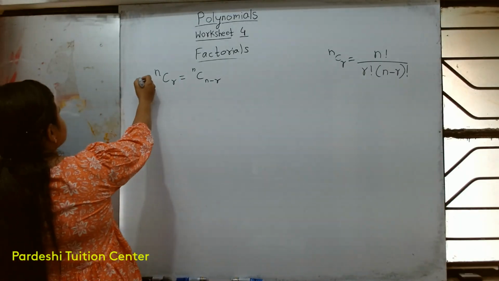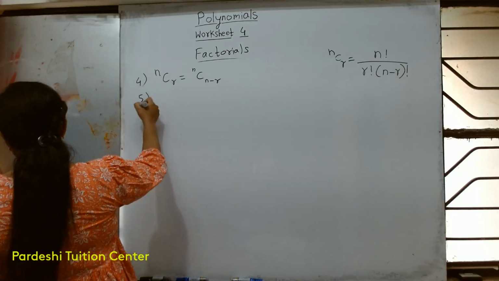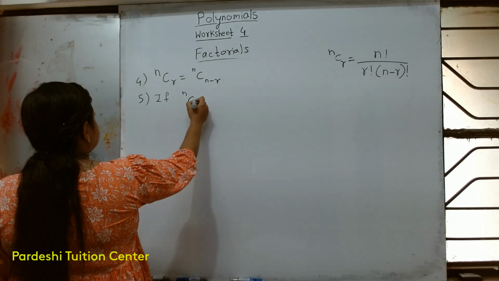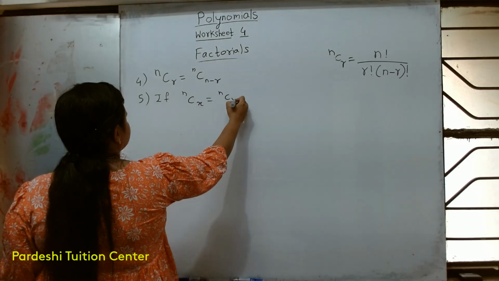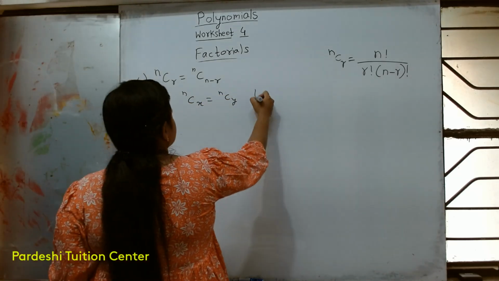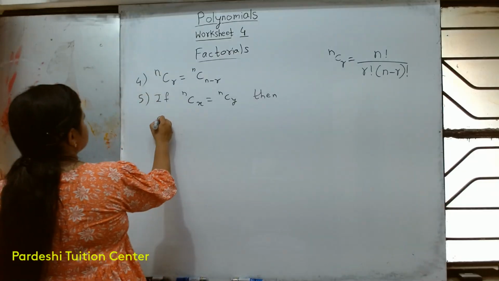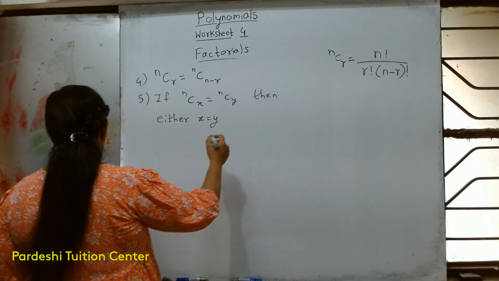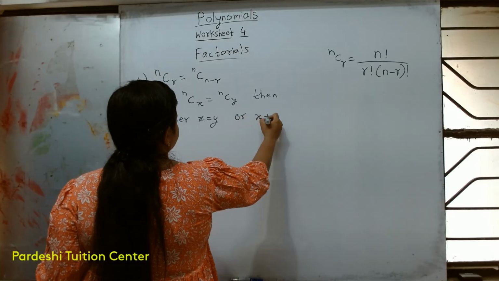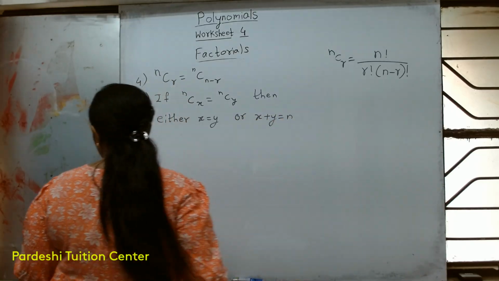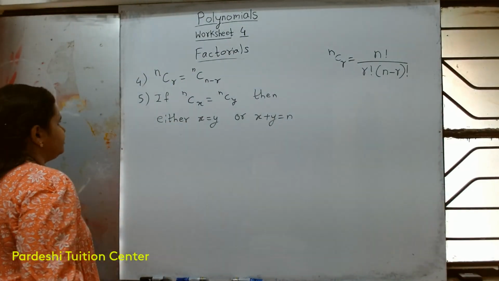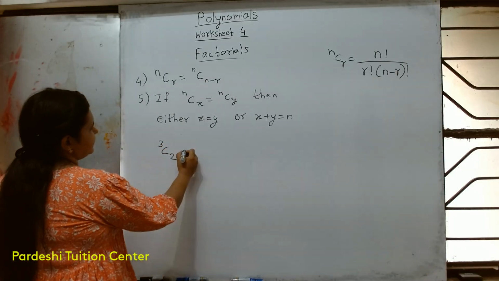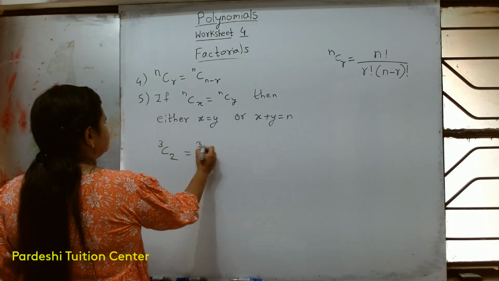Now, it was the fourth formula, now the fifth formula is: if nCx equals nCy, then either x is equal to y or x plus y is equal to n, okay. Now, if I take 3C2 as an example, 3C2 is equal to 3C1.